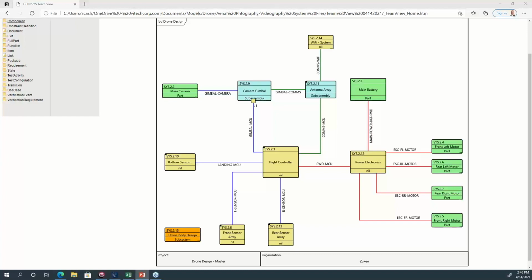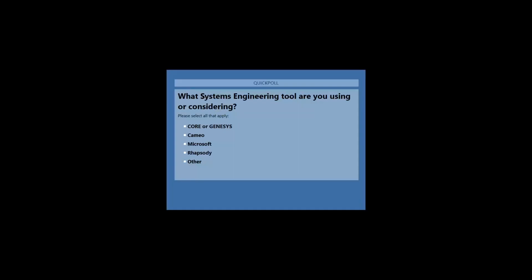Bob, I'm going to turn back to you for the last polling question. All right, thanks, Steve. So the last polling question is, what systems engineering tool are you using or considering today? Core or GENESYS, Cameo, some tools from the Microsoft suite, Visio, Excel, Rhapsody, or are you using another tool?